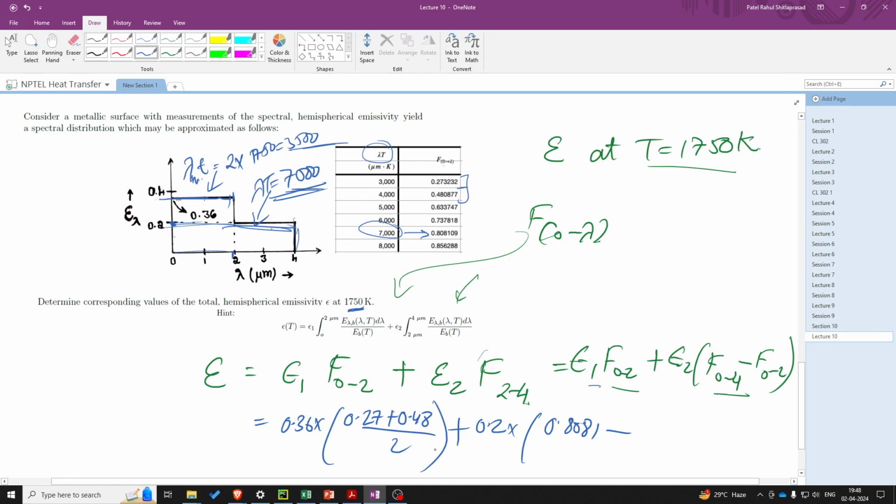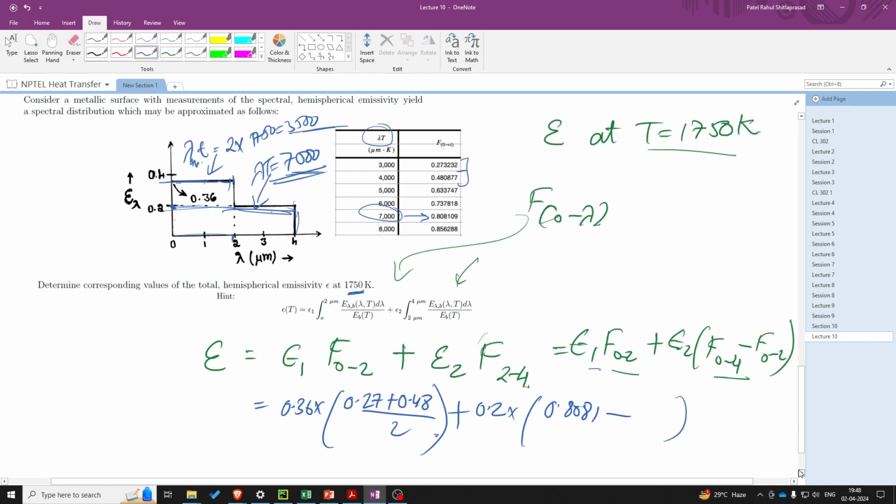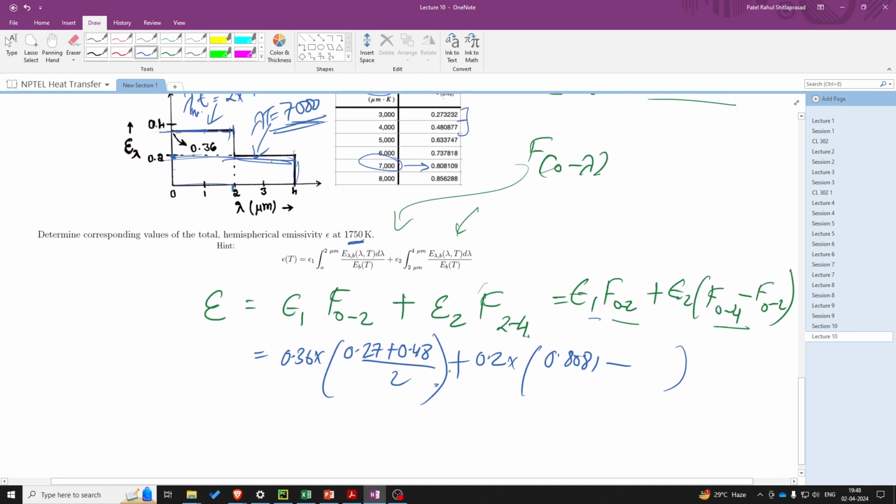We can calculate this from this term. So the average is 0.27 plus 0.48.